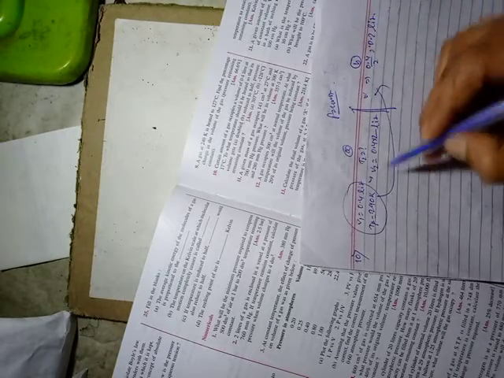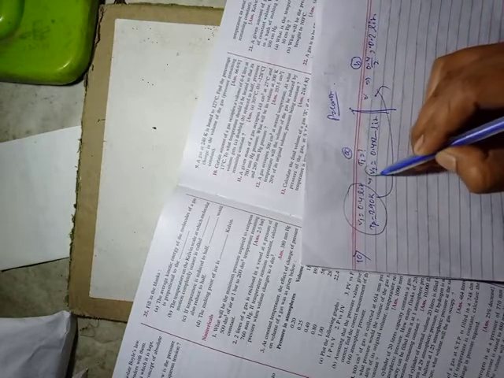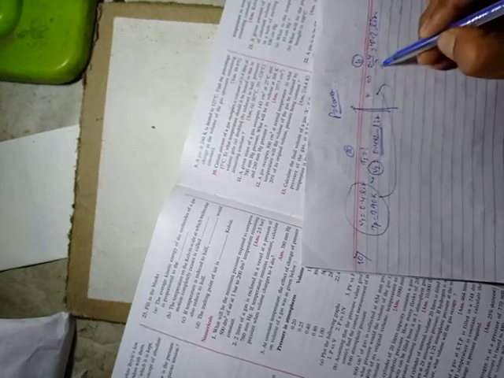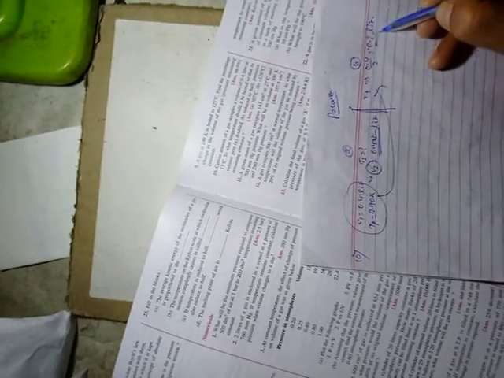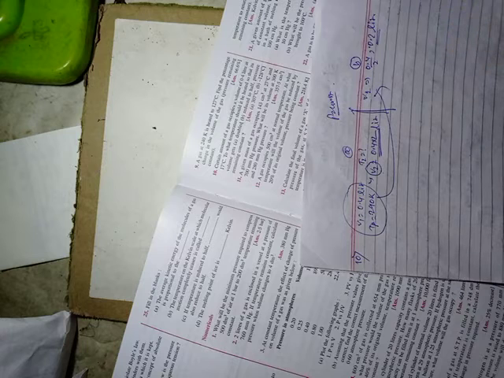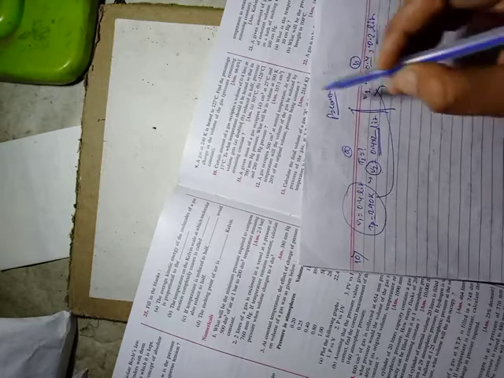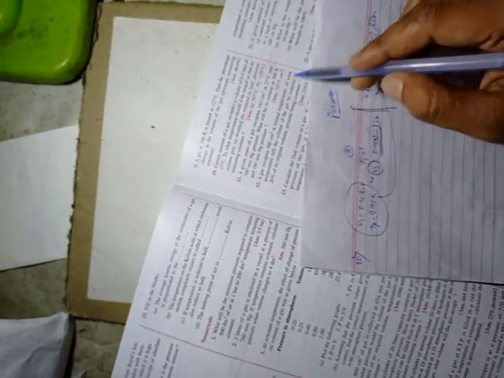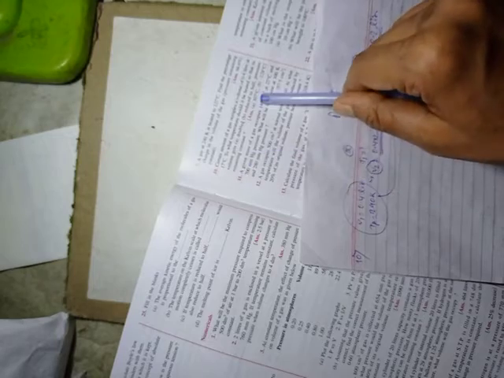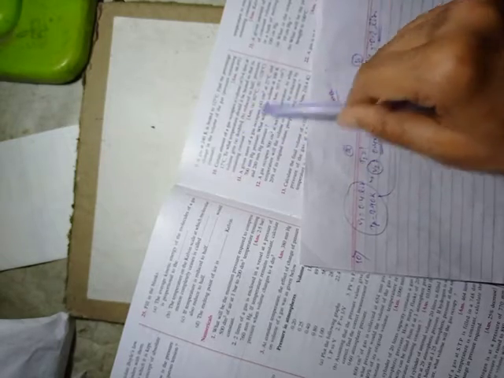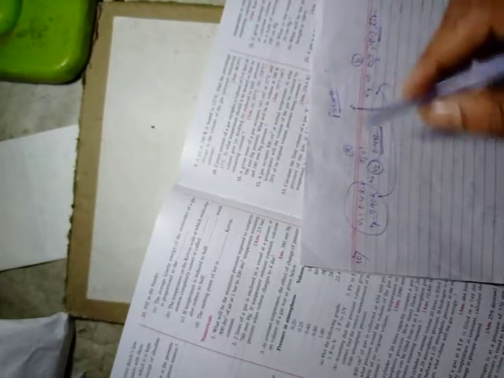In the second case V2 will be 0.2 liter. Then apply the same formula. The temperature will come different in both cases.